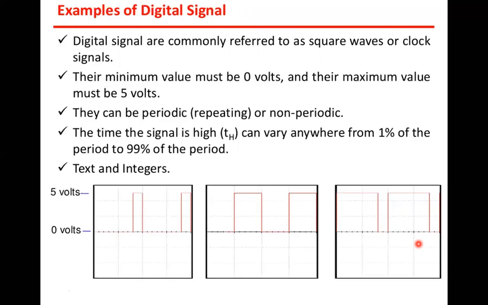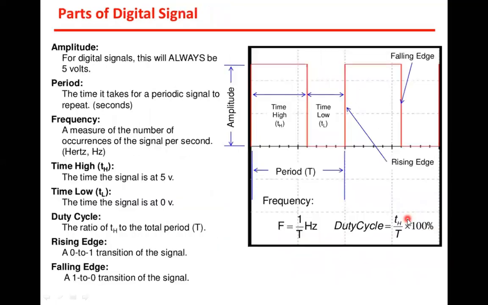And it can be text or integers. So now you can see here the different kinds of digital signals. We have taken a square wave. This is 0 and the maximum is high. This is periodic, or we can take it as non-periodic also. So these are examples of digital signals.